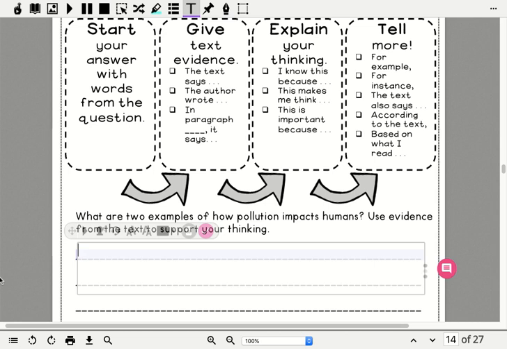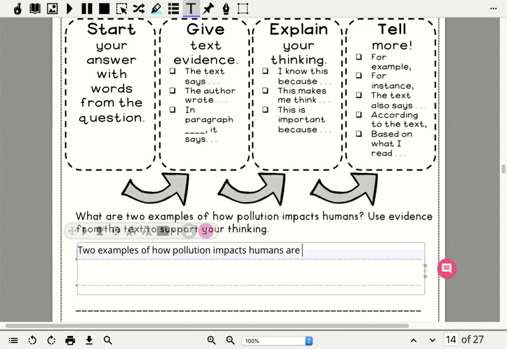So I'm going to say two examples of how pollution impacts humans are, okay, and now I'm going to come back into my article and I'm going to find what happened.